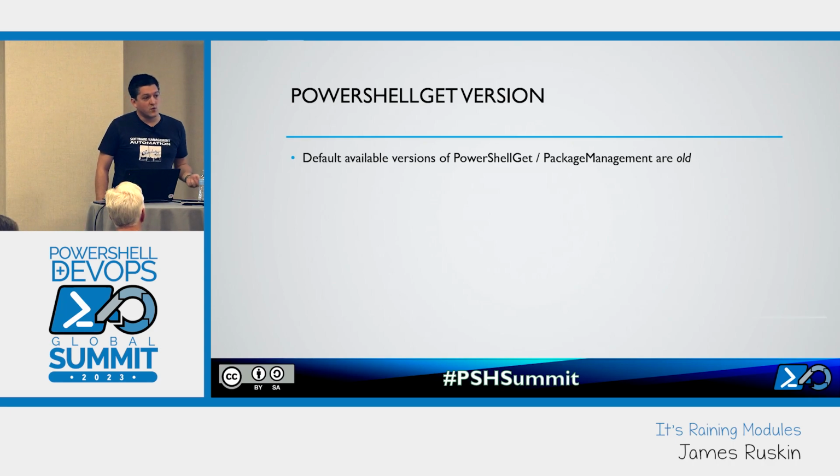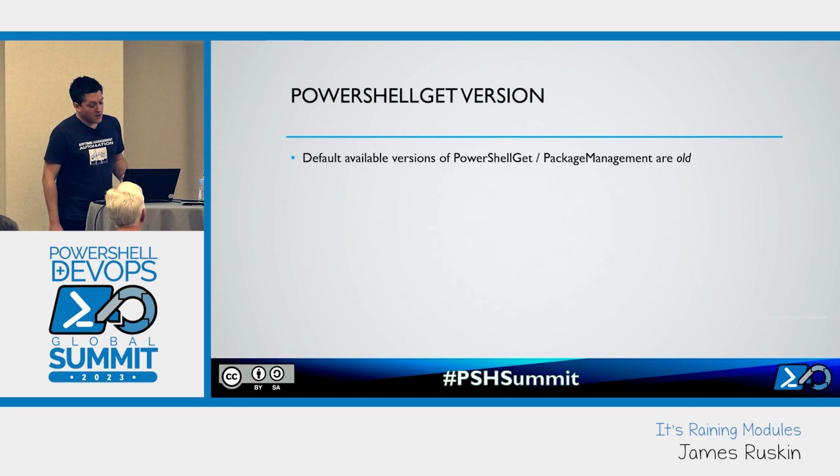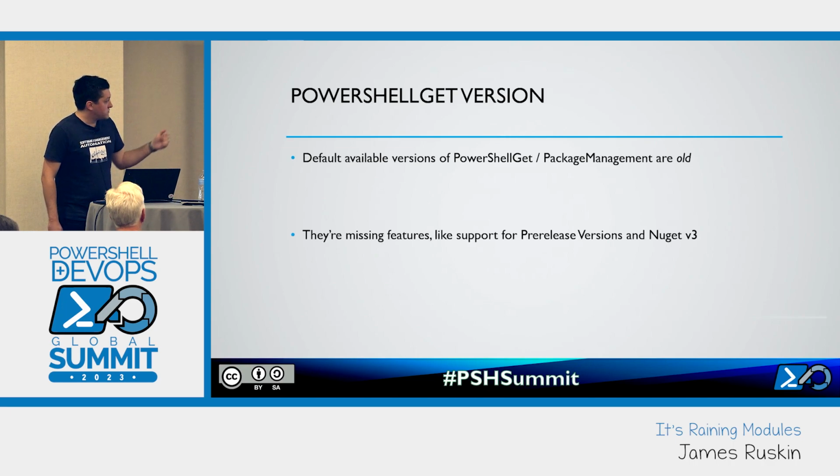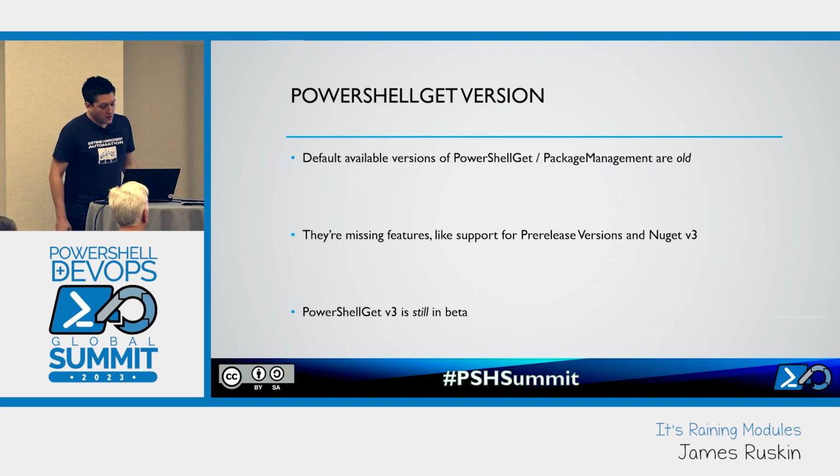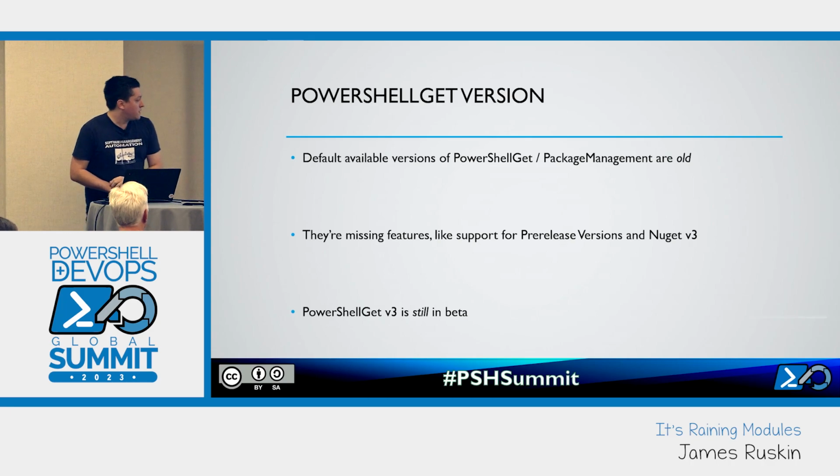Similar to Pester, it's quite unlikely to be updated, or so I hear. And you're actually missing features such as support for pre-release versions in the version that is installed. And of course, that's still in beta and has been for a significant amount of time. I don't know if there is a roadmap for that being released.